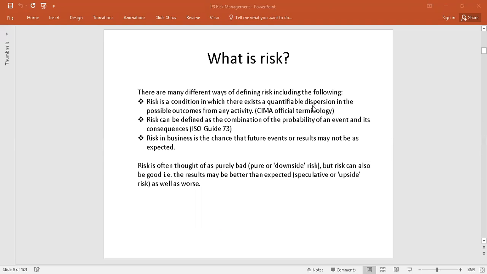ISO guide 73 says risk can be defined as a combination of probability of an event and its consequences. So how do we explain that? See, the variation is the result of the happening of an event. So we see that risk is also explained in this particular manner.